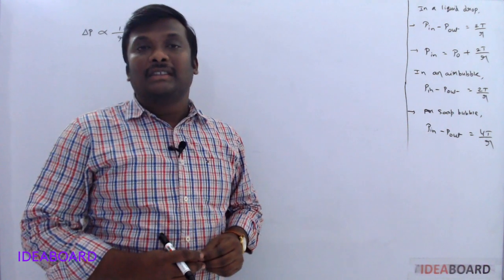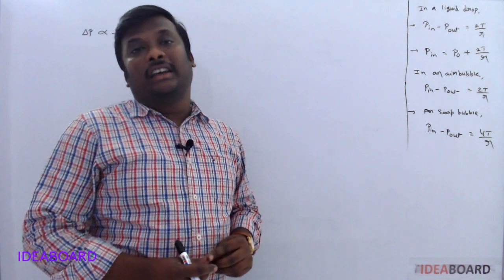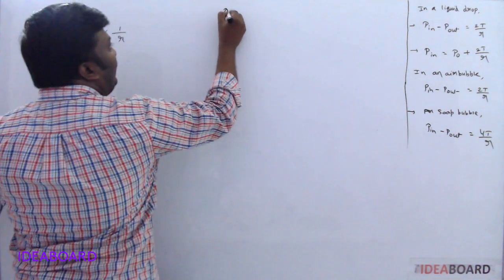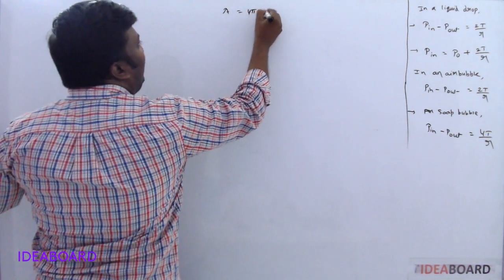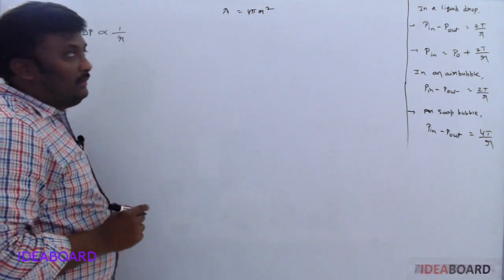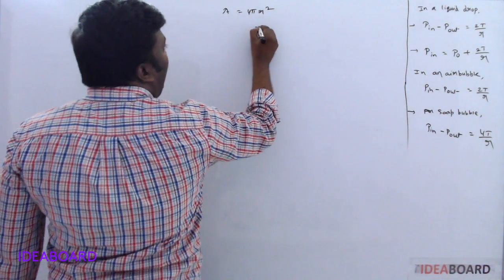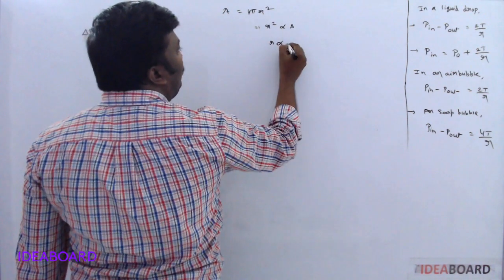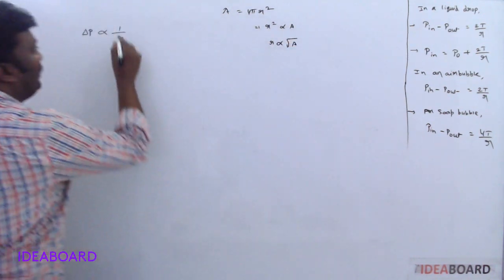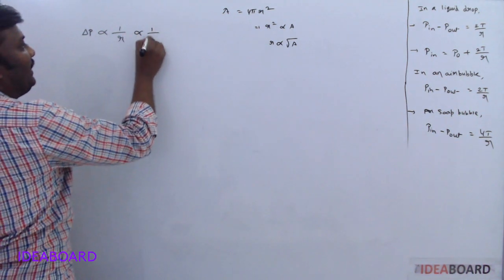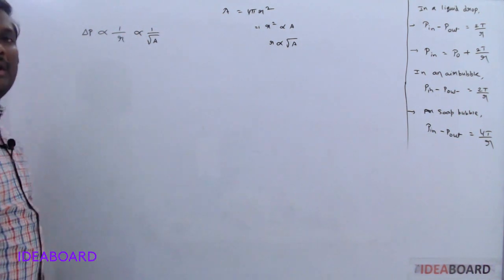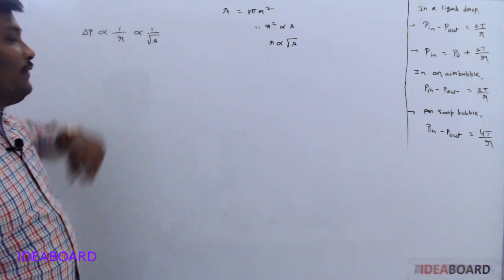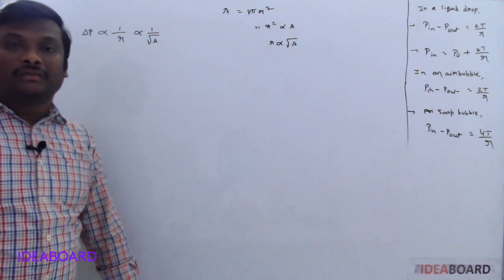It is in the form of a sphere. For a sphere, the surface area is A equals 4 pi r square. That indicates r square is proportional to A, so r is proportional to root A. So instead of r, you should write root A. If they ask the ratios of excess pressure and give the surface area, then utilize this equation.